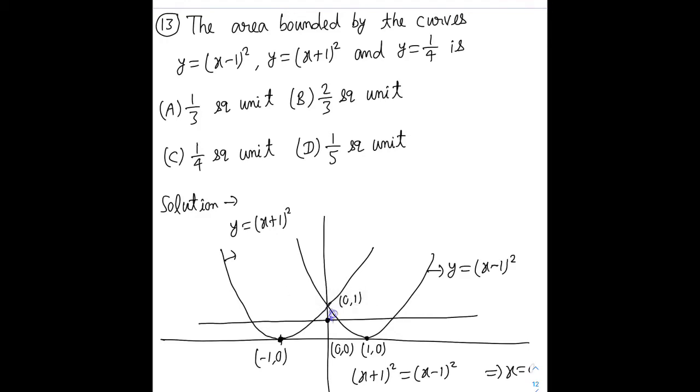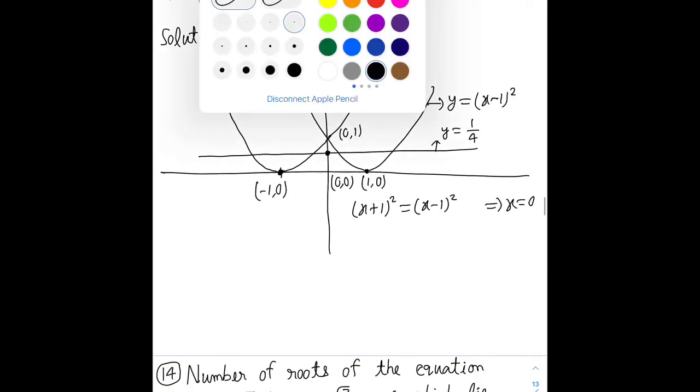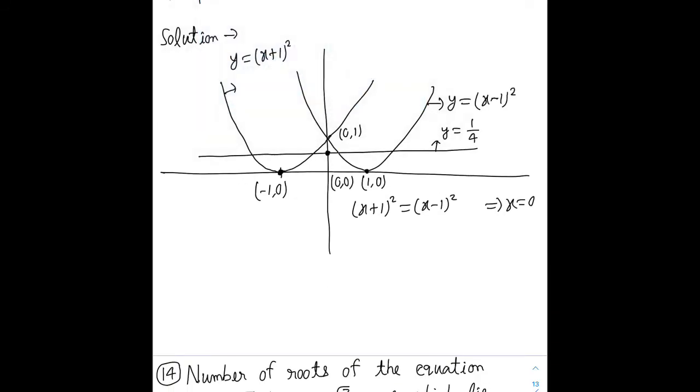So suppose I want to find this part. What is the equation for this curve? It is nothing but y equal to (x minus 1) whole square. For this, y equal to 1 by 4. Then we need to find this point. So to find this point, we can equate both.